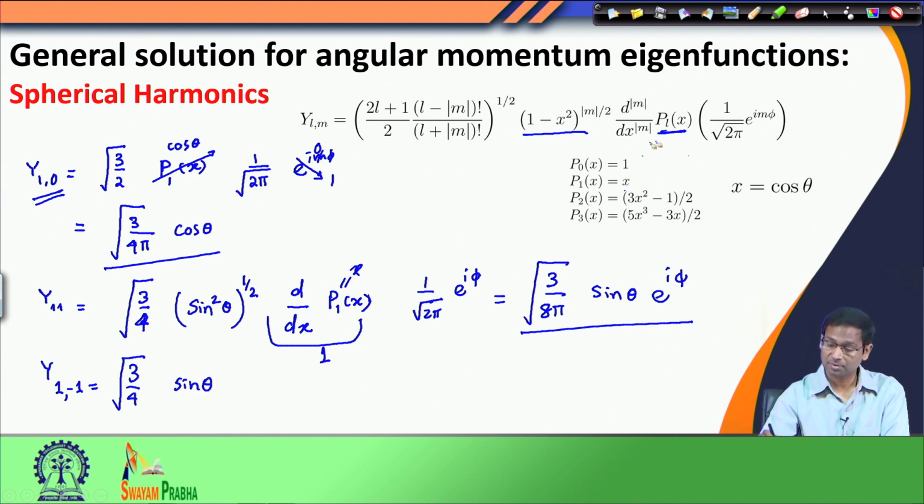What about this term? Again, since I am differentiating absolute value of m times, even when m is minus 1, I will have to differentiate this function once. So, therefore, I am getting the same term as 1, and finally, I am looking at the last term, 1 over square root 2 pi e to the power minus i m phi.